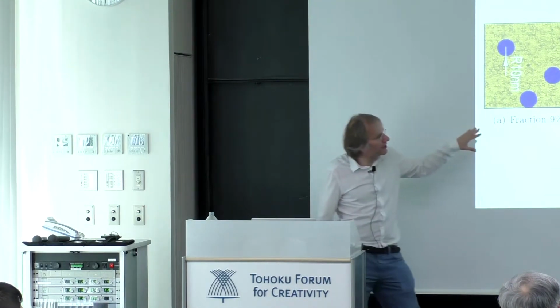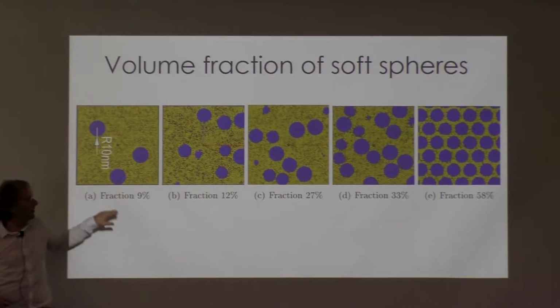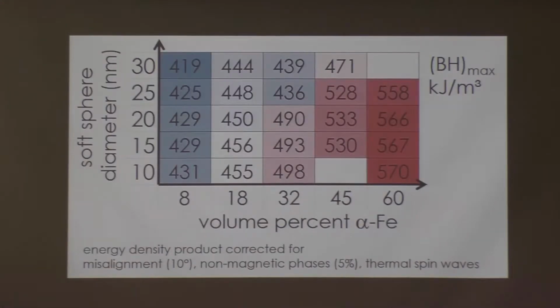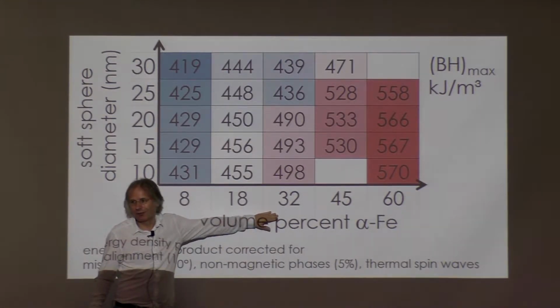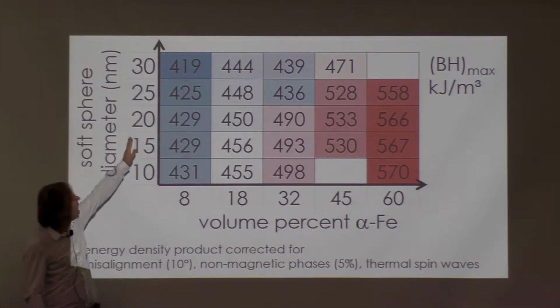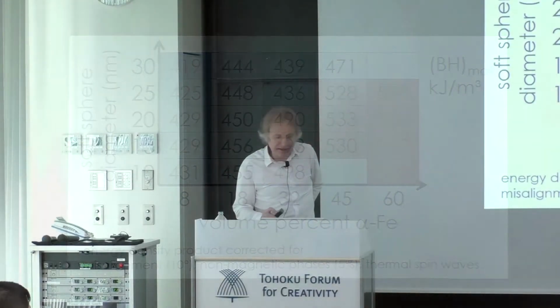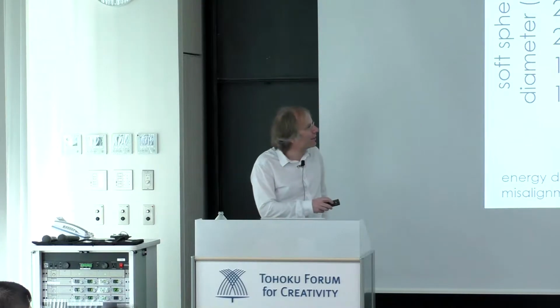And then for each of these designs, we can change the diameter of the sphere, and we can look at the different volume fractions. And we can make a plot like this, where we have the energy density product as a function of the volume fraction of alpha iron and as a function of the diameter of the soft magnetic inclusions. In this case, the result is not so unexpected.